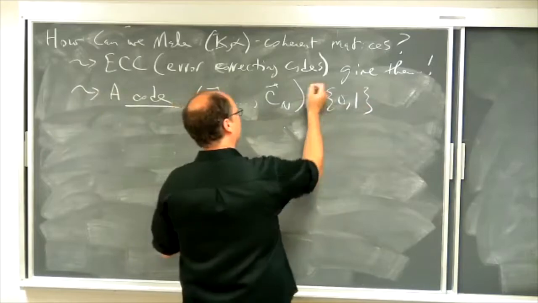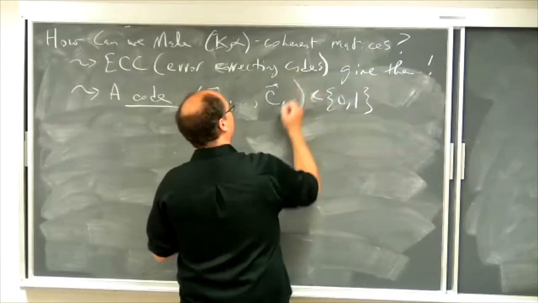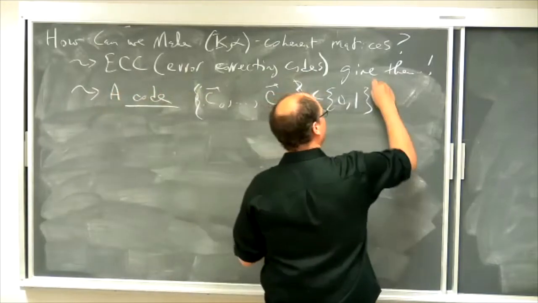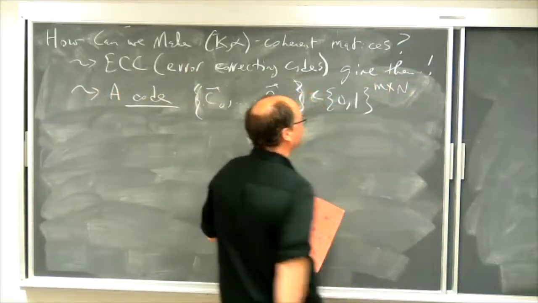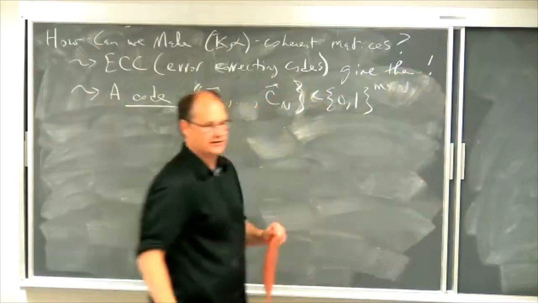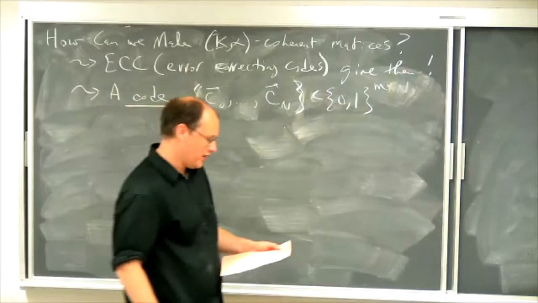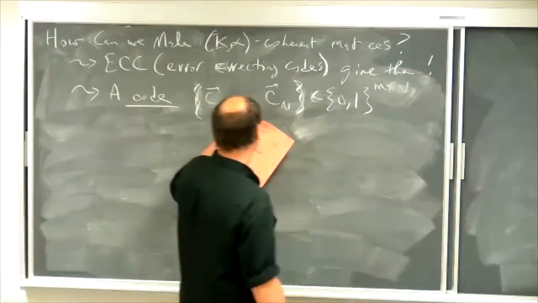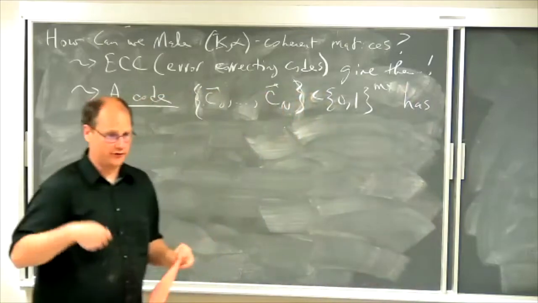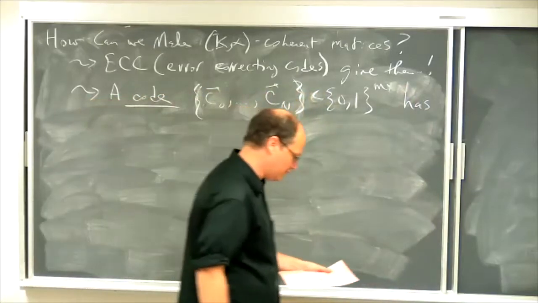And these guys are going to be a subset of 0, 1 to the m. There are n of them. So this code is going to have two parameters that are very common in the error correcting code literature.